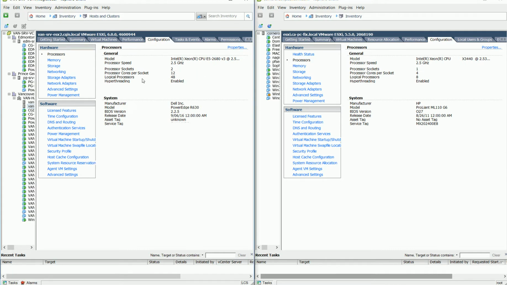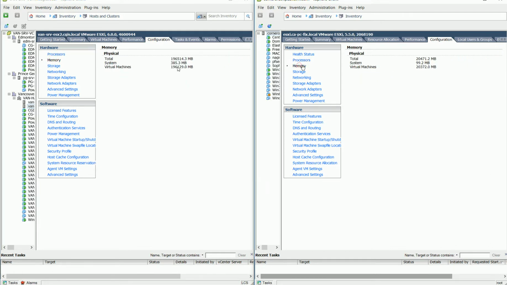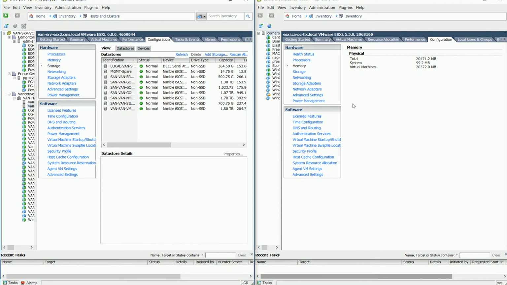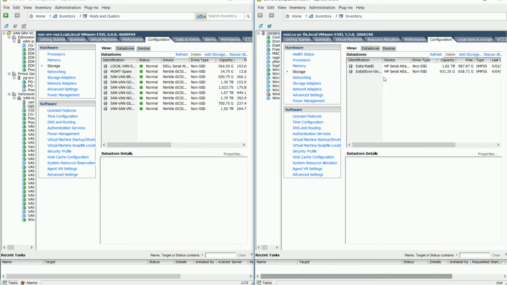Usually a high-end server, at least what we call high-end, has two CPUs, while this one only has one CPU. In terms of other configurations, the memory here is 196 gig, while this one only has 20 gig. The storage is huge here, while this server only has some built-in storage.